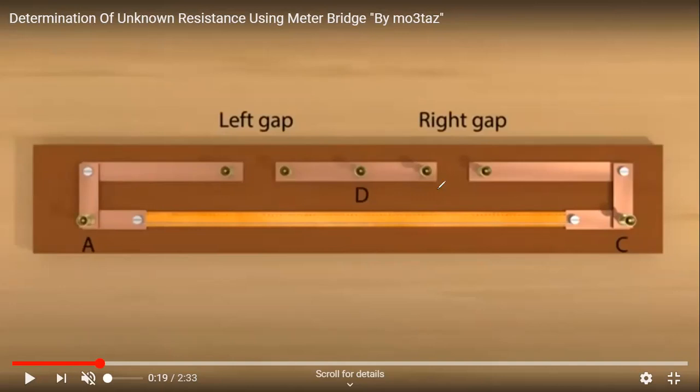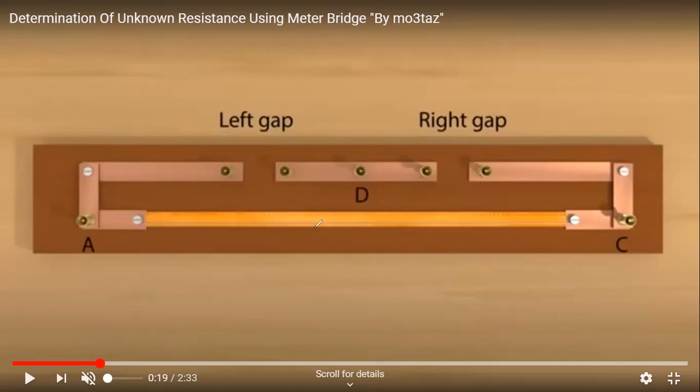Thick metal plates are used for connections because they do not contribute any resistance to the meter bridge wire.